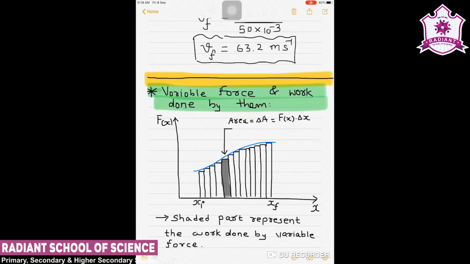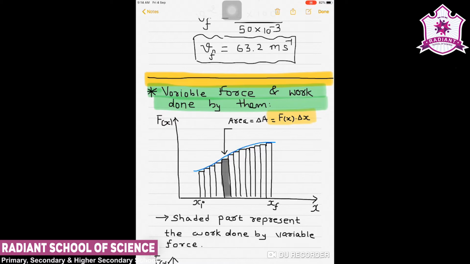Now we can see that if the displacement delta x is very small, we can take the force fx as approximately constant and the work done can be written as W equals fx into delta x, that we have shown in this equation.